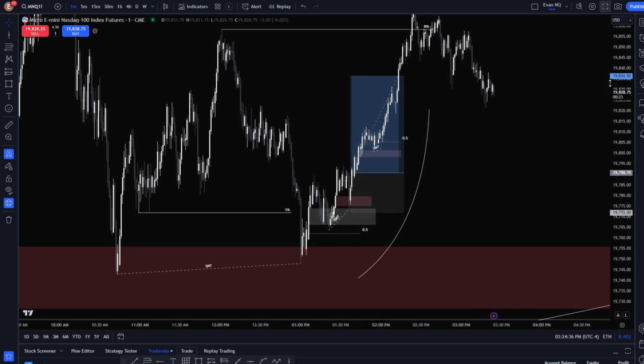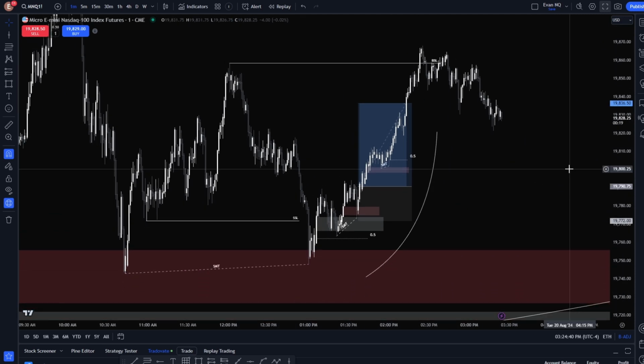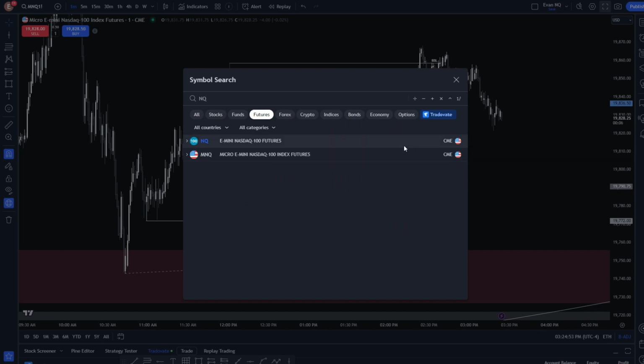So I'm going to explain how I used it in today's trade and how you guys can use it to advance your trading. This is a big mess. I have it on NQ right here.